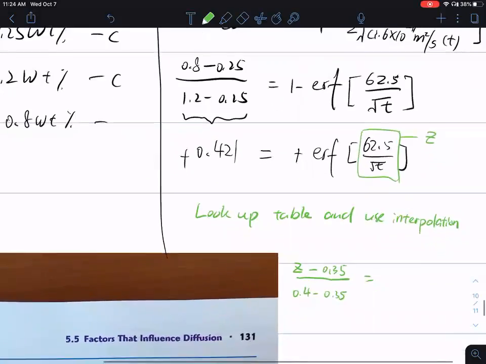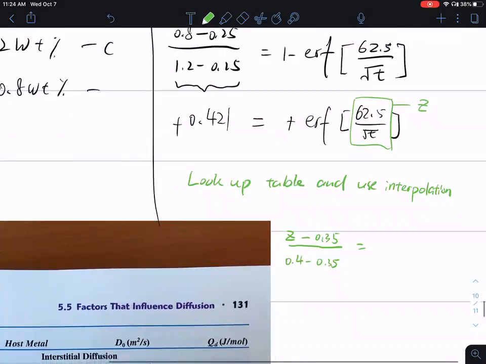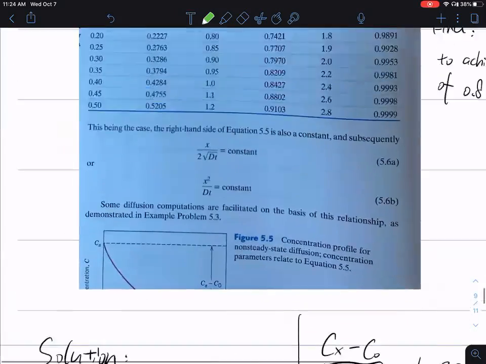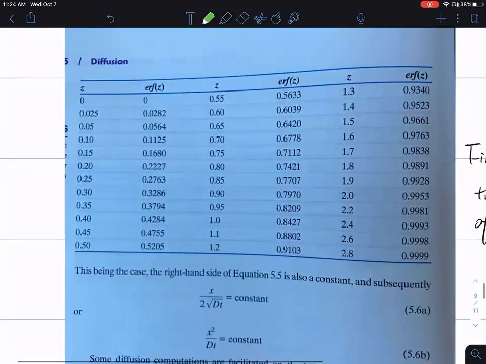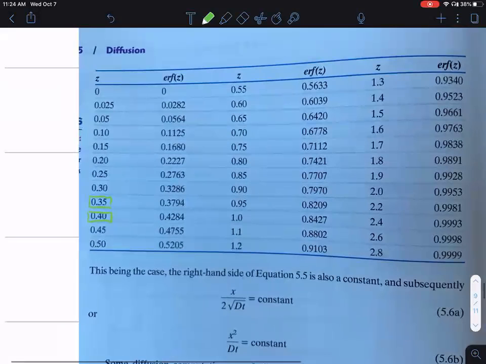Where do that 0.35 and 0.4 come from? They come from the table right here, 0.35 and 0.4, since our z is in between these two numbers.